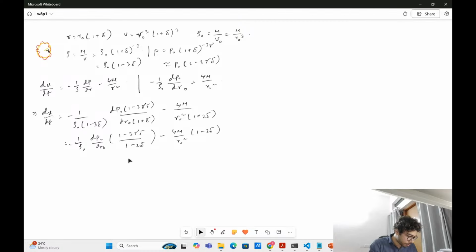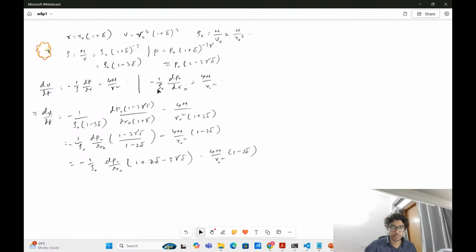So this will be dP₀/dr₀ times (1 + 2δ - 3γδ). Again, doing the same thing for this: (1 - 3γδ) times (1 + 2δ), keeping only terms of the order of δ and neglecting all higher order terms, we'll get this, and this will be the same.